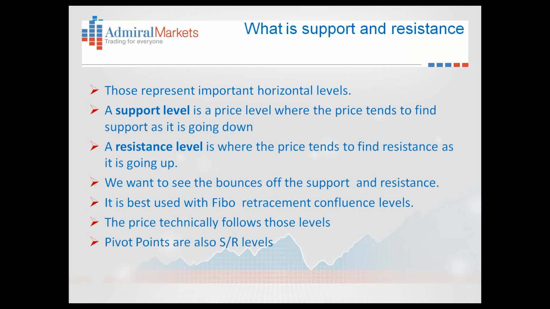So we want to see the bounces off support and resistance, and we want to trade them. It is best used with Fibo retracement confluence levels. This is purely what I use for trading. If you follow my posts, you know that I really like to see those Fibo retracements confluenced with horizontal levels of support and resistance.